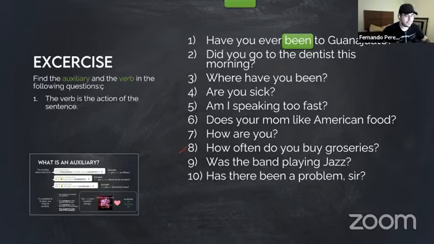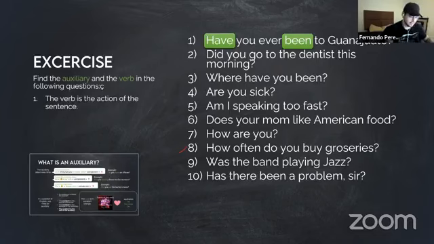So the auxiliary is have and the verb is been. Don't think in Spanish, because in Spanish have is a specific translation. In English, there is no definition for have in this case. You see?